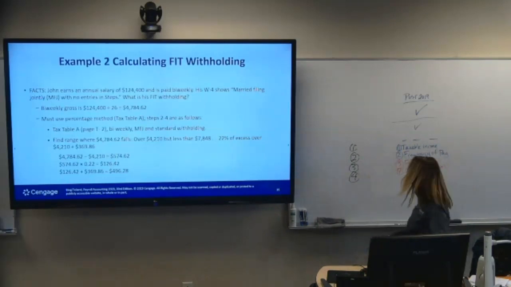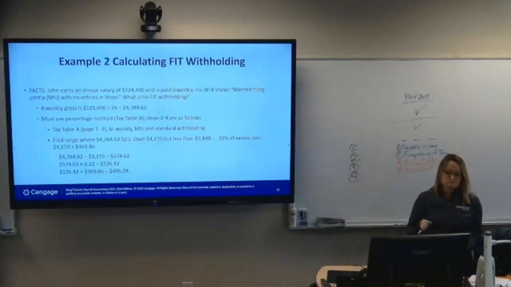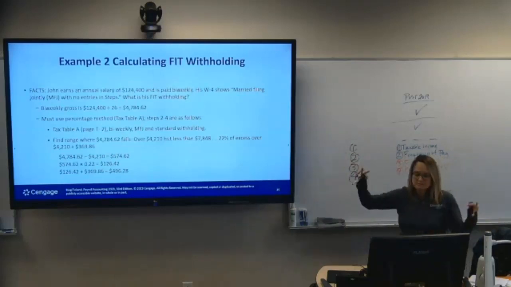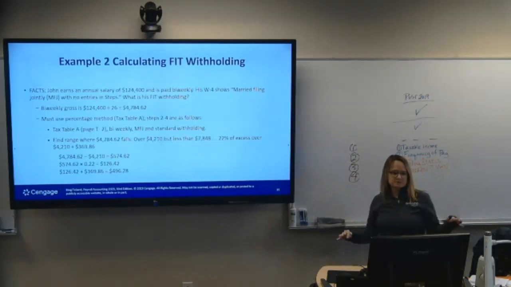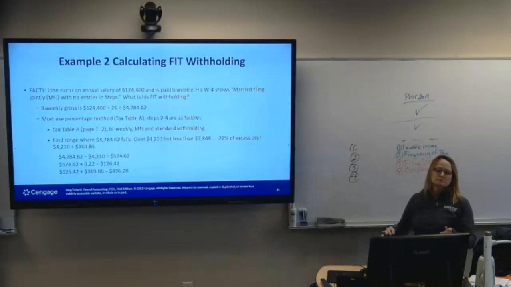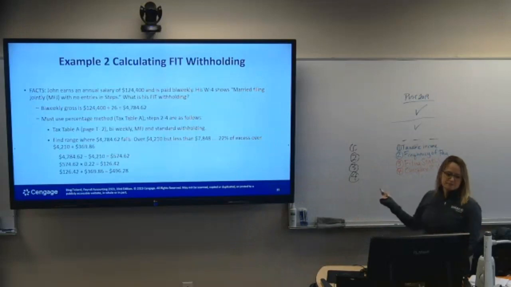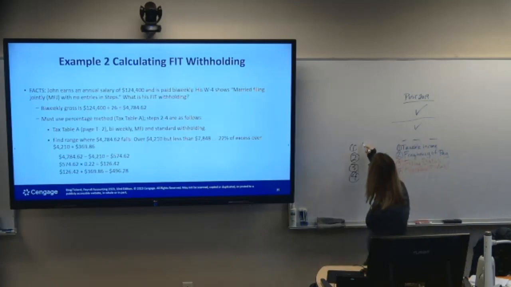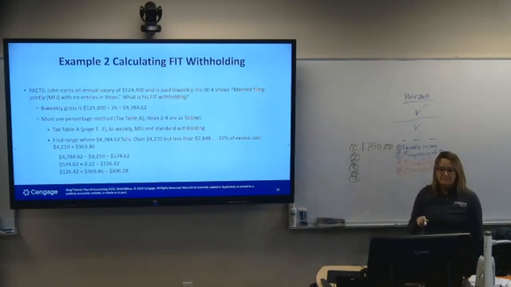Give me a taxable income amount. Something that's going to show up on it. So don't give me a ridiculous number. Give me something between 0 and 2,000. Taxable income. Throw something out. Doesn't matter. 1,750. Frequency of pay.